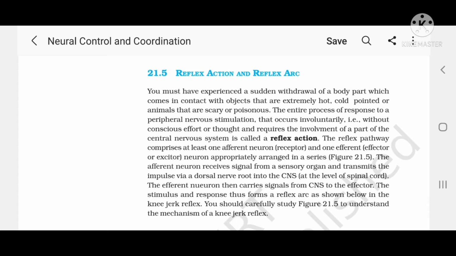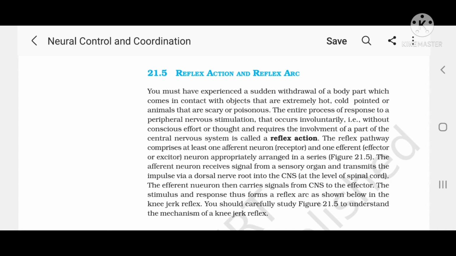The reflex pathway comprises at least one afferent neuron receptor and one efferent effector or excitator, appropriately arranged in a series. The afferent neuron receives signal from sensory organ and transmits the impulse via a dorsal nerve root into the CNS at the level of spinal cord.